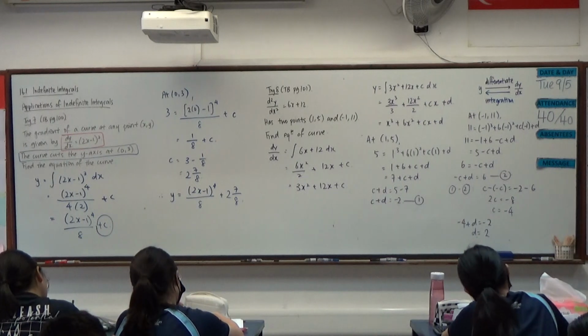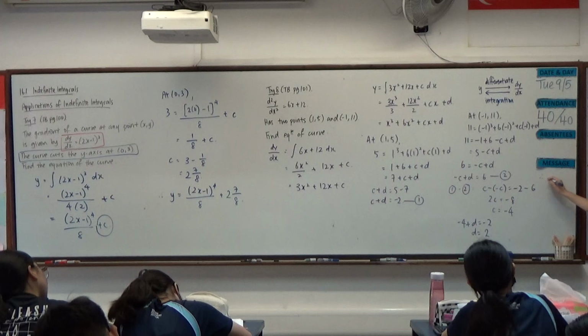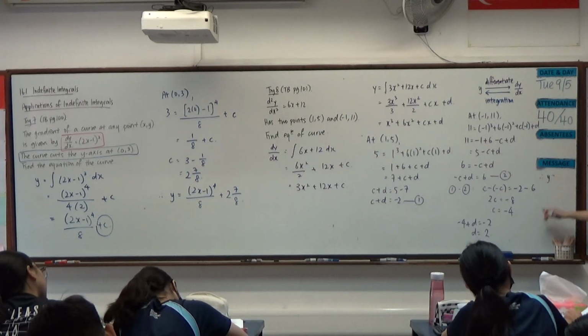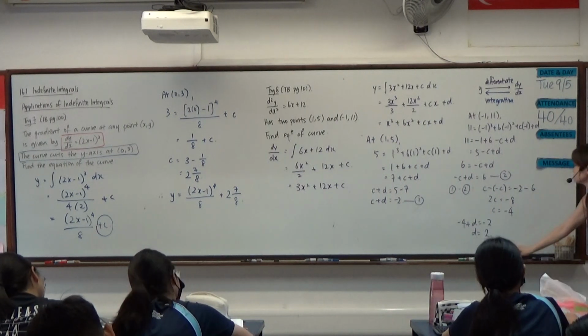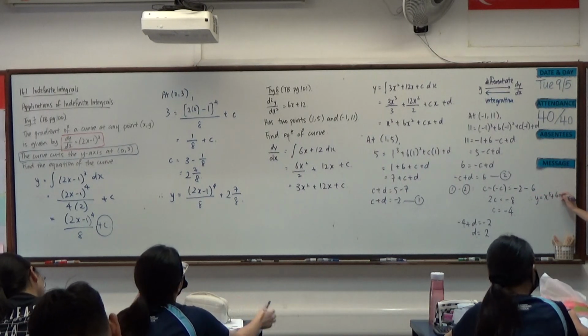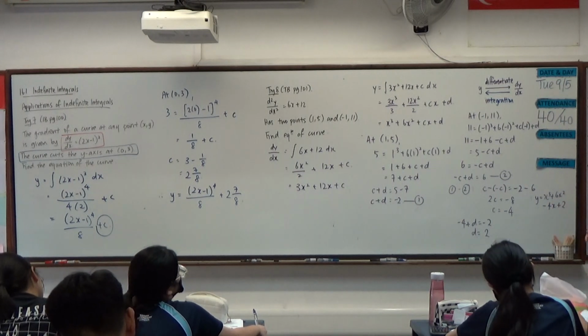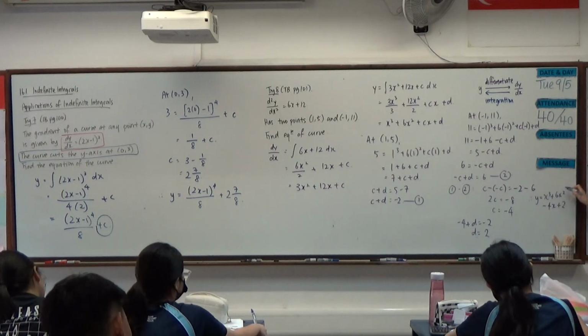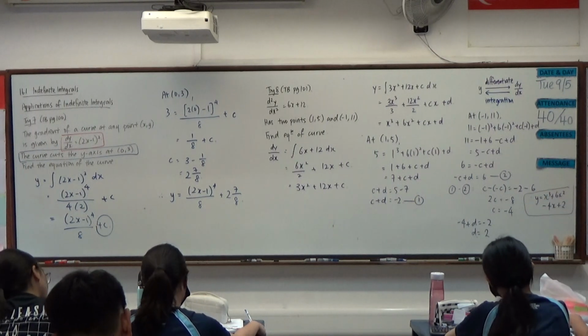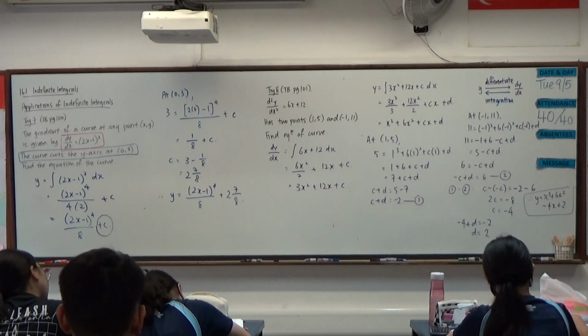And then we find that d equals 2. And therefore, we get the equation y equals x cubed plus 6x squared minus 4x plus 2.